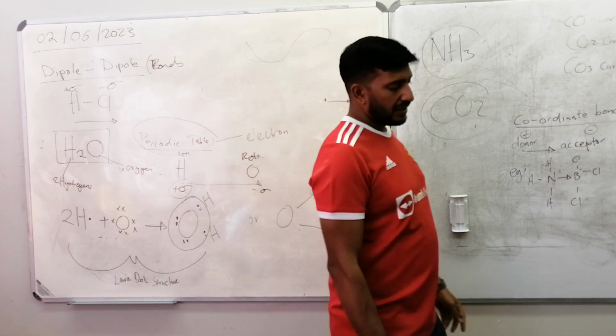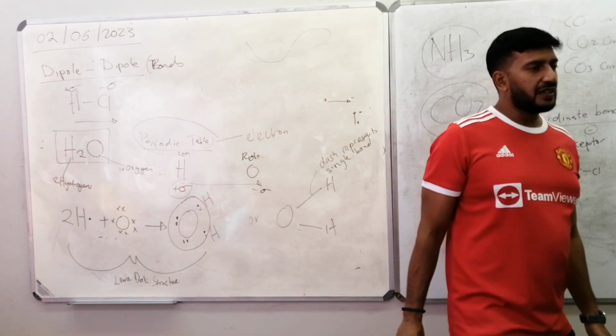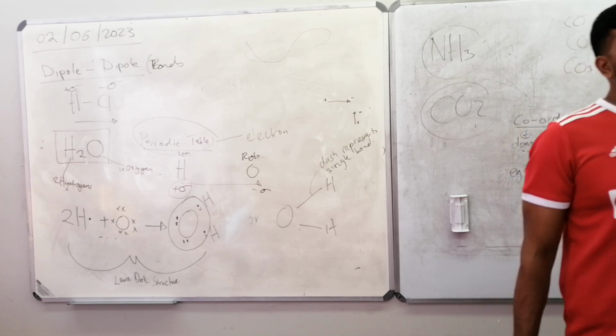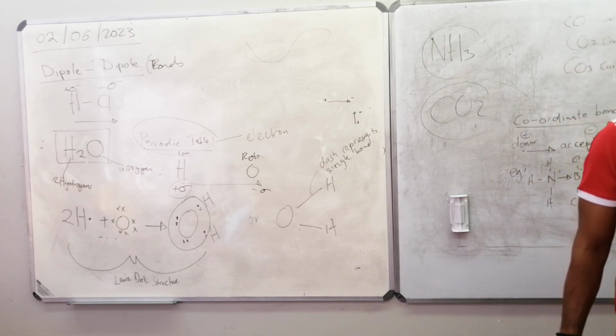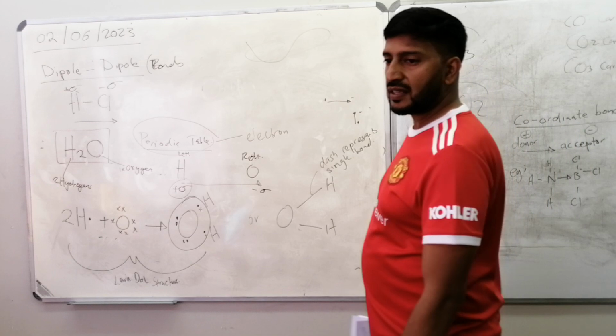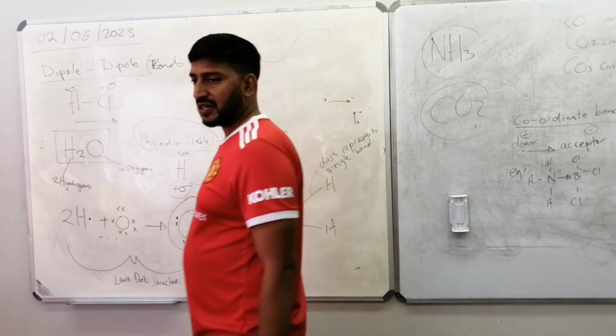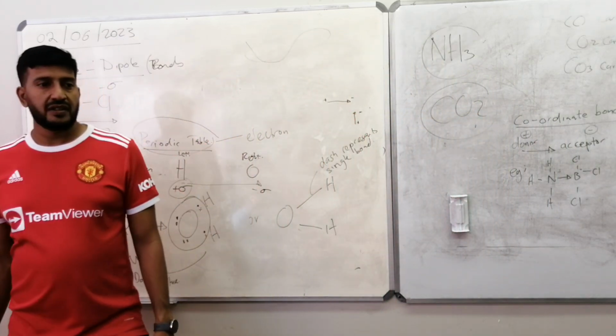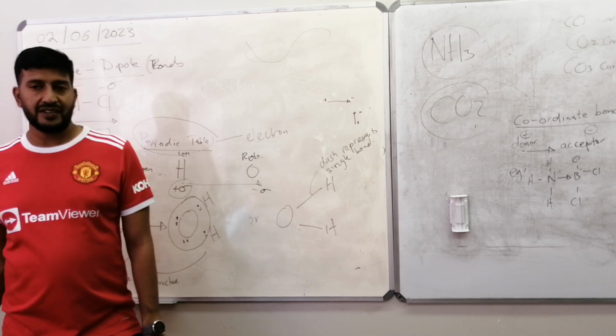What's a thing you'll use for baking? Baking soda. Yeah, bicarb, bicarbonate soda. So that's the calling name. But what is the compound of bicarbonate soda? Right, homework.